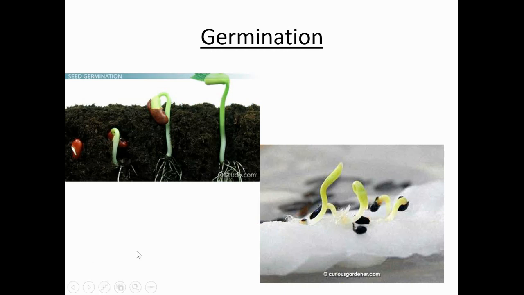So here's some photographs of germination. The one on the left is underground. This is what hopefully would naturally happen in gardens, etc. You've got a seed, germination happens just after the seed, and you end up getting a seedling, which is kind of the first growth, but you've definitely got roots, you've definitely got leaves growing. In the case of the required practical, we're not going to be doing it outside in the mud.